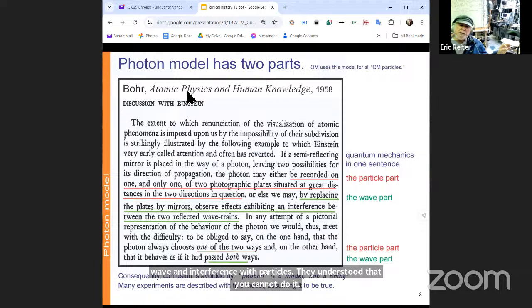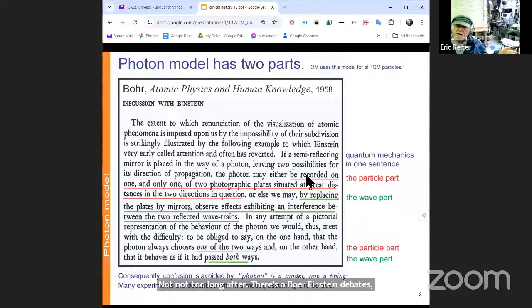Not too long after, there were the Bohr-Einstein debates, and it's written up in Bohr's book. And this is a really great sentence. It's like quantum mechanics in one sentence, and I'll read it.